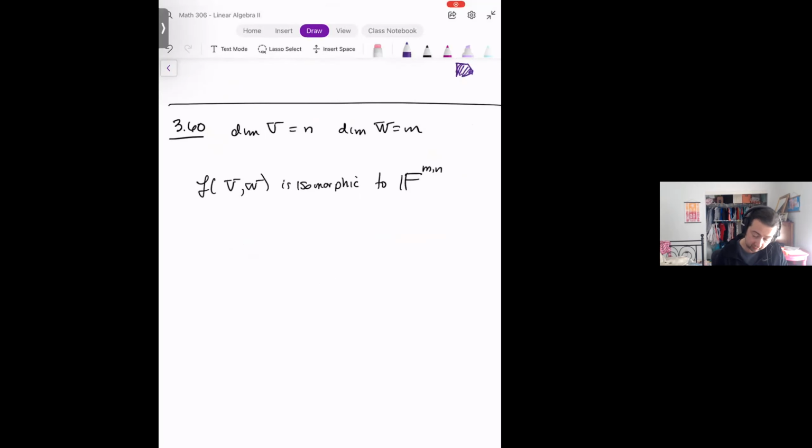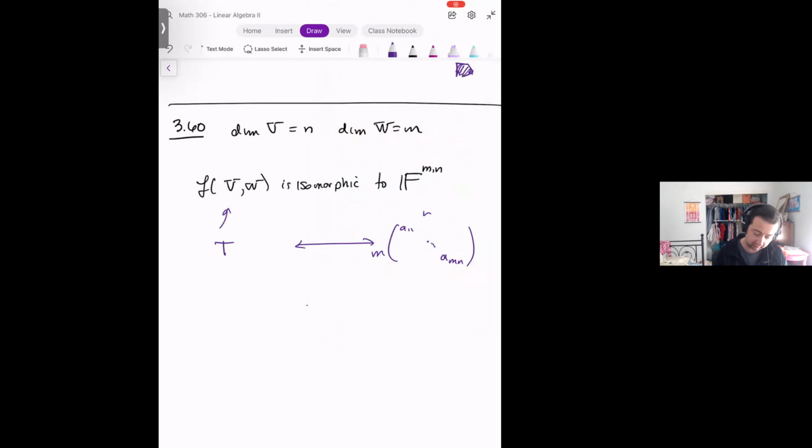And again, it's important to note that what that means is that any map T has a unique matrix over here that represents it, an M by N matrix, A11 down to AMN. That correspondence is a bijection, by which I mean, if you wrote down a matrix, you know that it came from a unique map. If you write down a map, it goes to a unique matrix. These are literally the same space mathematically. So we think of the space of linear maps as being identified with the space of rectangular matrices.